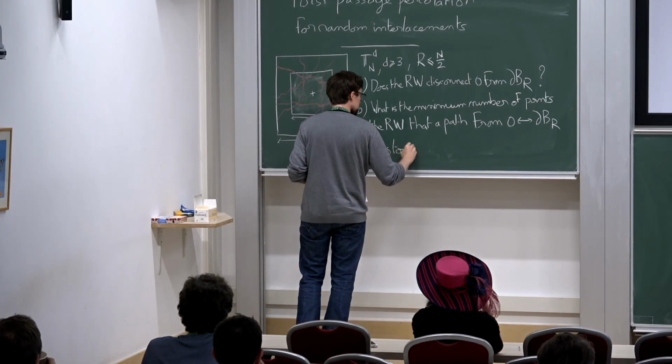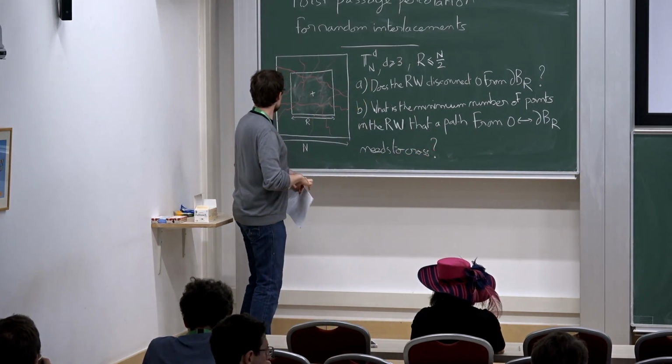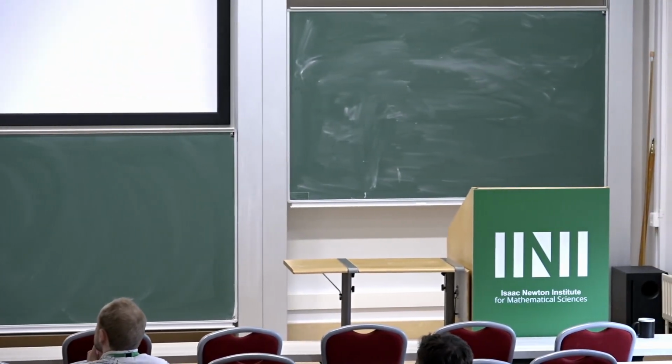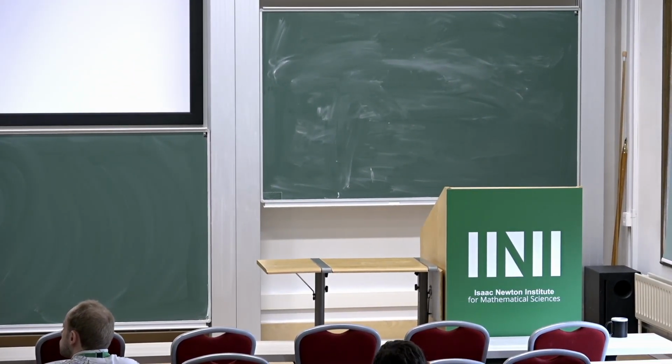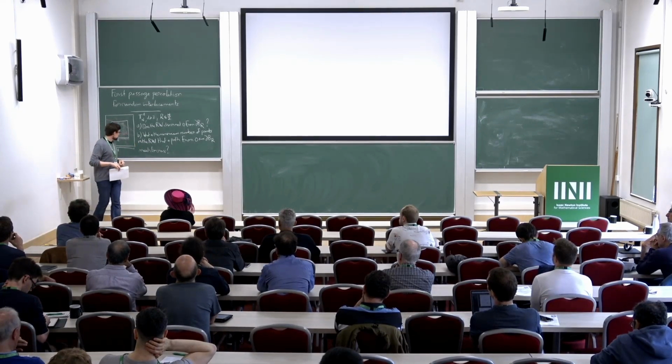What this means is that, in a sense, you're counting how many blocking interfaces you have. Here, for instance, my random walk only needs to be crossed once to go from 0 to r. I can, for instance, go through here, and I only need to cross my random walk once. So how blocking is my random walk really? Is it just at one place, or is it at many places?